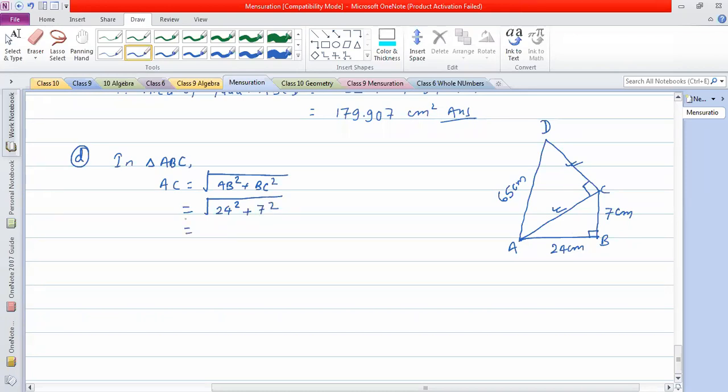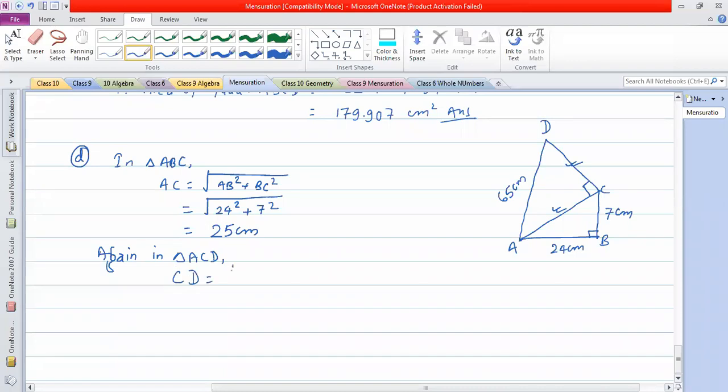Now, somebody please tell me its answer. So 25 will come. Very good. 25 centimeter came in case of AC. Again in triangle ACD, now we need not only AC, we also need CD. So how to find CD?